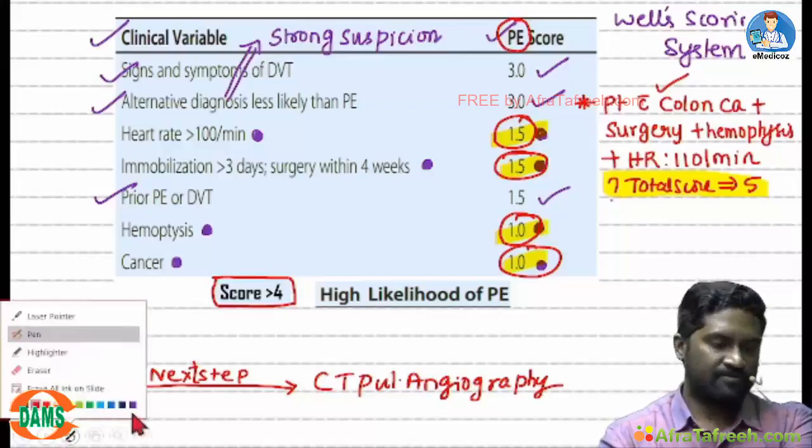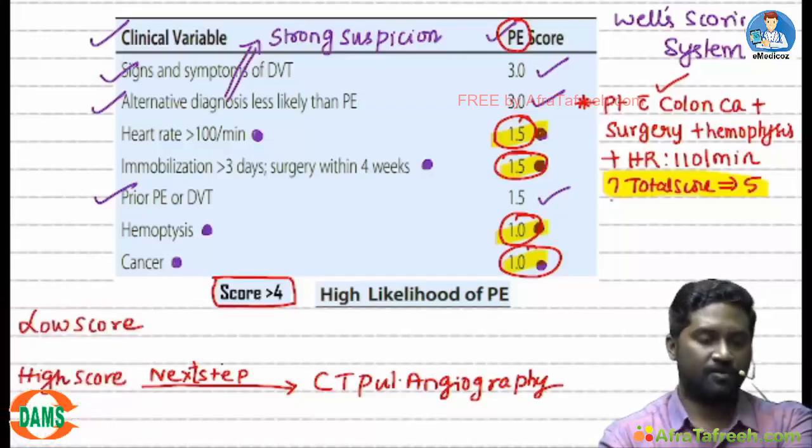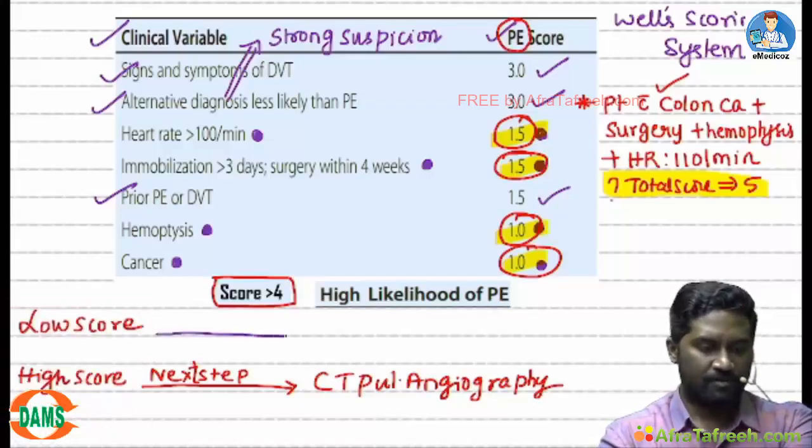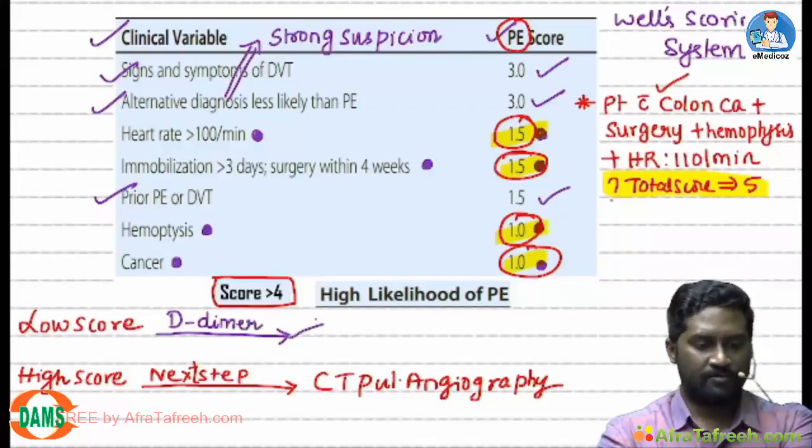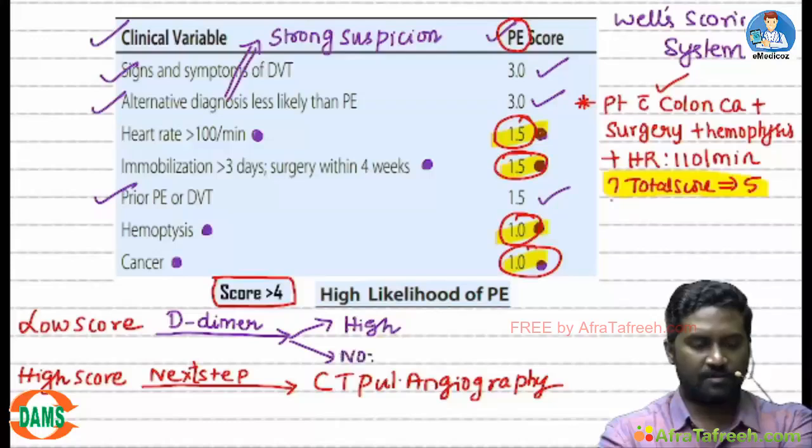Now if it is low score, the chances of pulmonary embolism is less. So what I am going to do is, first I will do a blood test called as D-dimer, and based on the value, is it a high D-dimer value or is it normal D-dimer value?